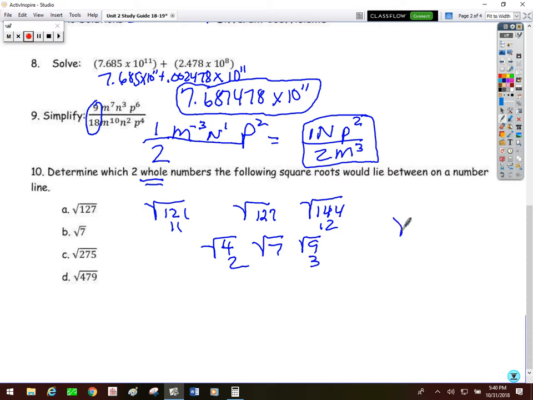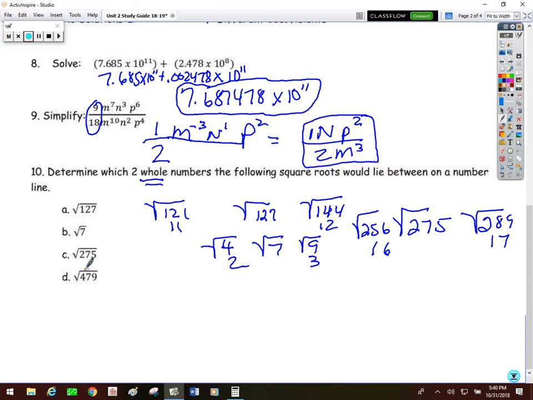The square root of 275, the first perfect square to the left would be, what do you think? 256 and 289. Right, good job. So it's actually between 16 and 17.